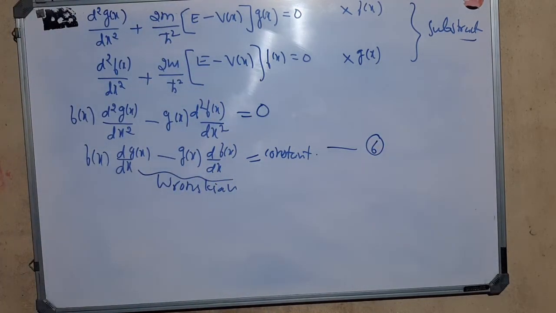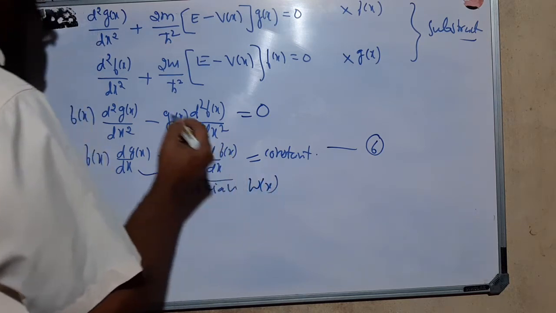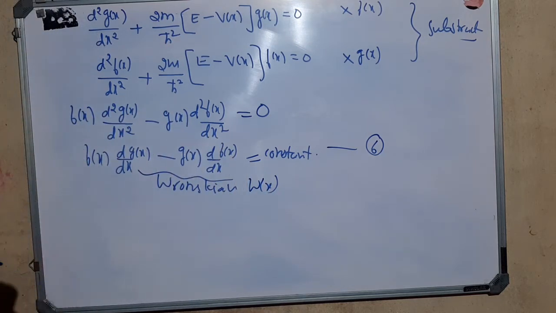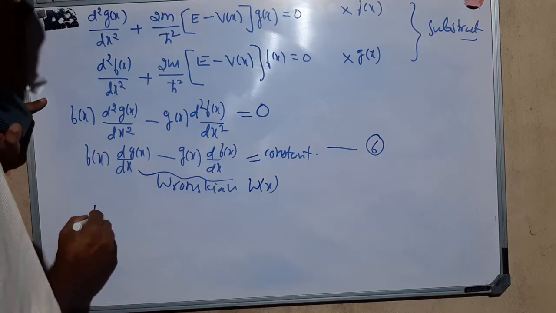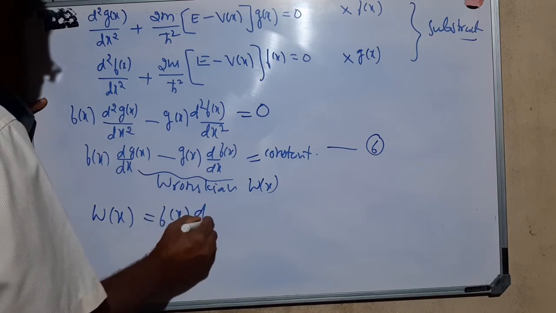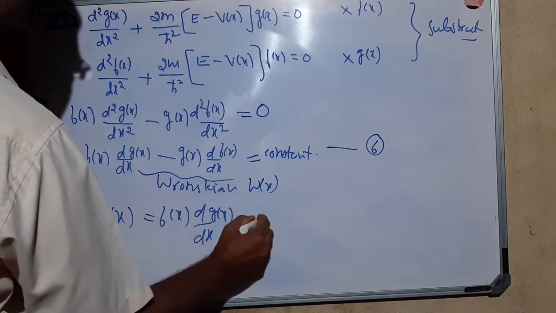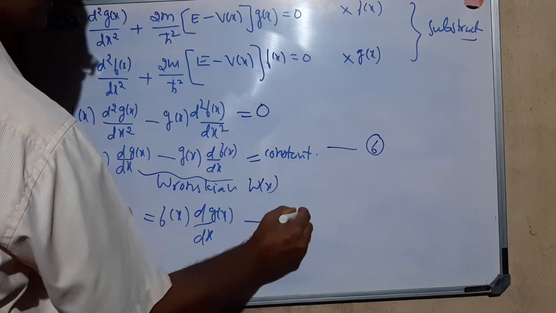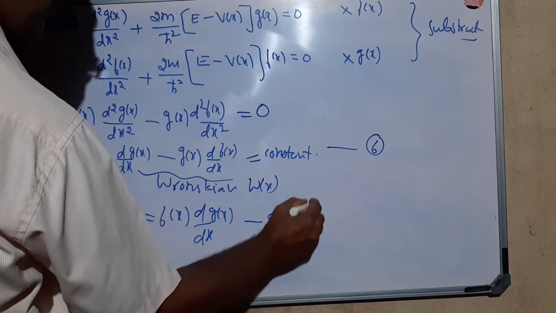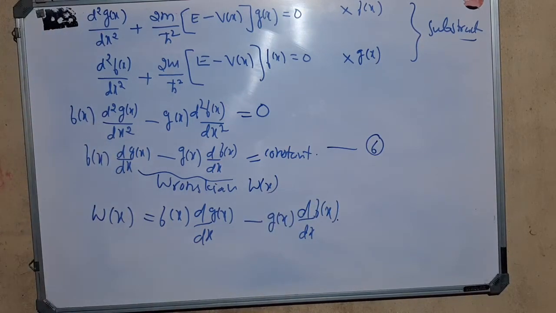Okay, now I am representing this Wronskian as w of x. Remember, w of x is nothing but f of x d by dx of g of x minus g of x d by dx of f of x. This is nothing but Wronskian.